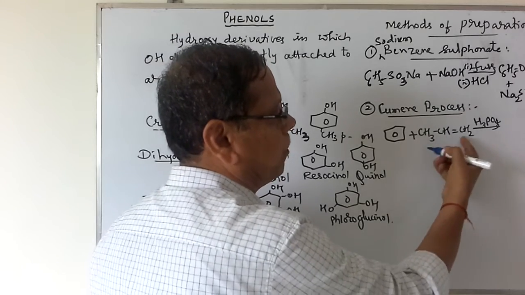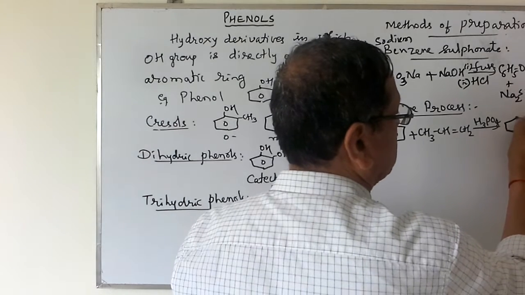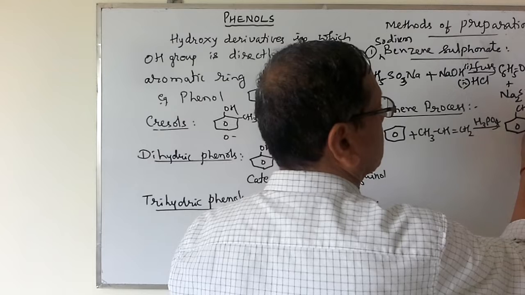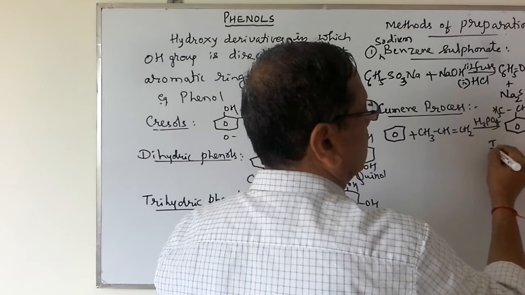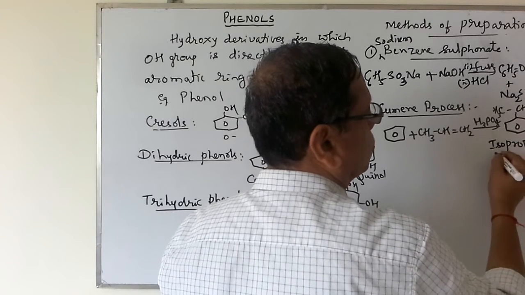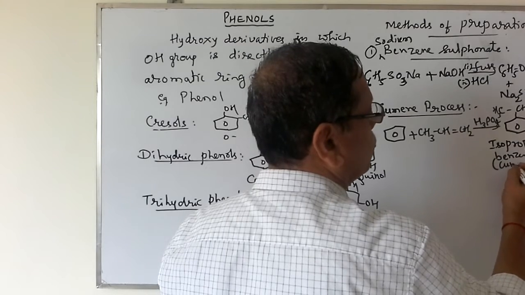This propene undergoes a substitution reaction to give rise to C6H5CH(CH3)2. This is called isopropyl benzene, that is also named as cumene.